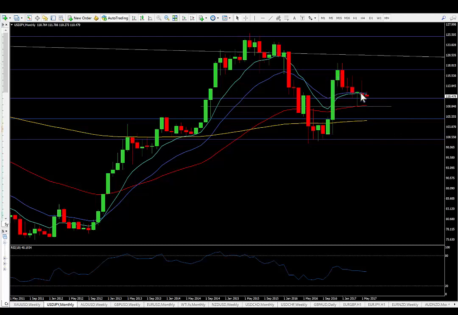So feasibly a pullback into somewhere in this zone, and let's say 108, because I think the matching low into the 50 EMA on the monthly chart is a good start, as it is a 200 EMA also on the weekly, so there's a lot of support in that area. If we were to find support here, then it is possible that as part of this first leg we could find that price attempts to move through the 117 level, which is just around this matching high, which is interacting with these lows here.